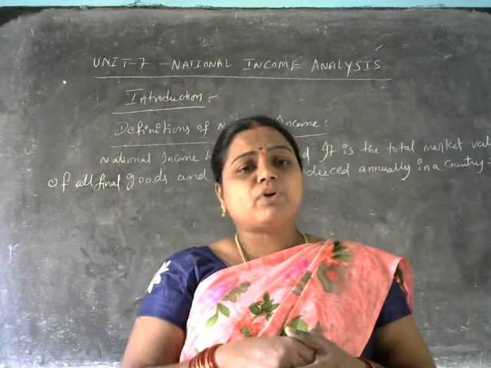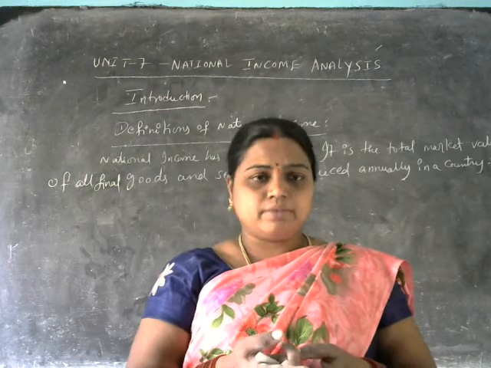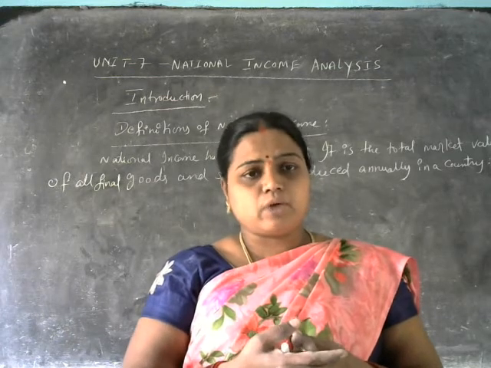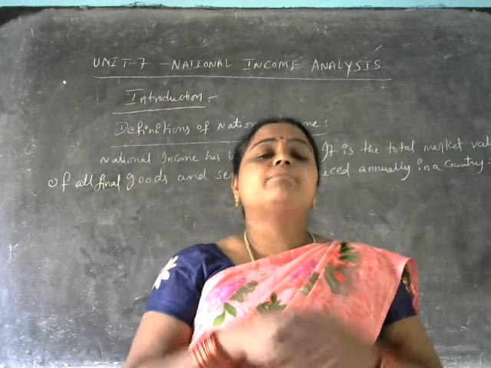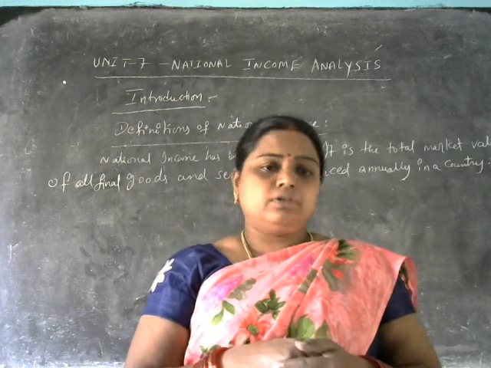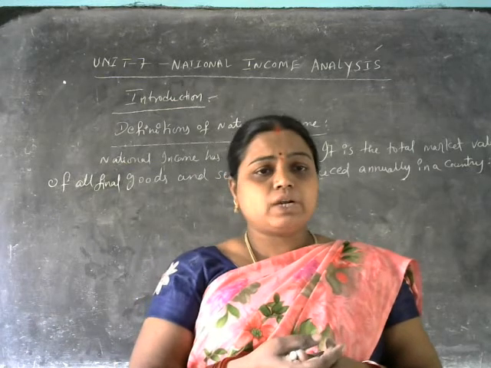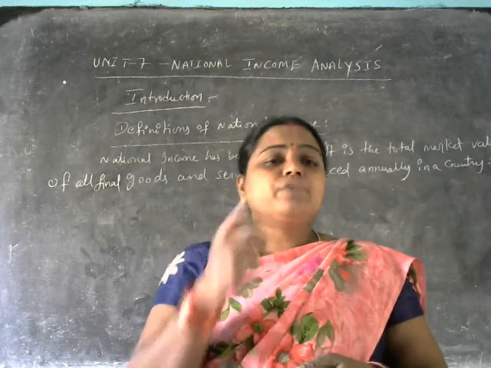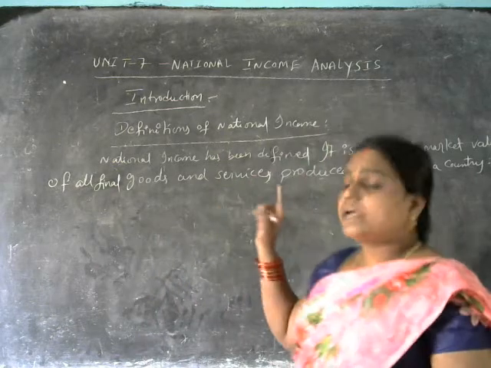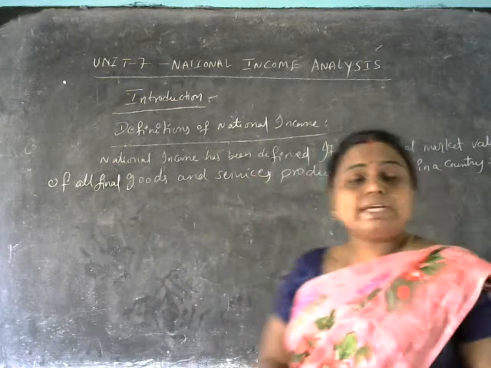Total market value means multiplying by their prices. Then we get the total market value of all those final goods and services within 1 year, which is called national income.